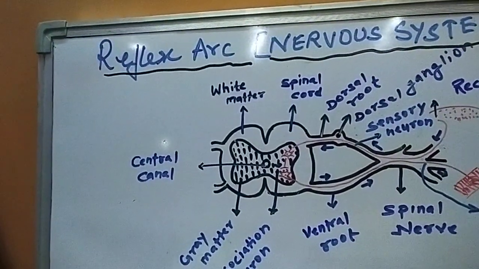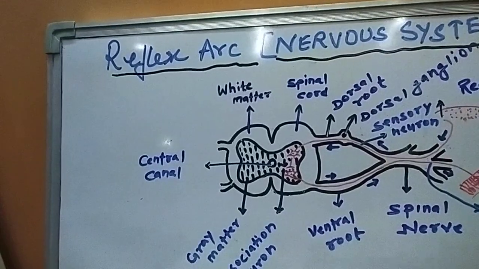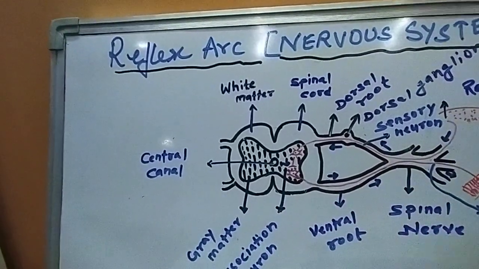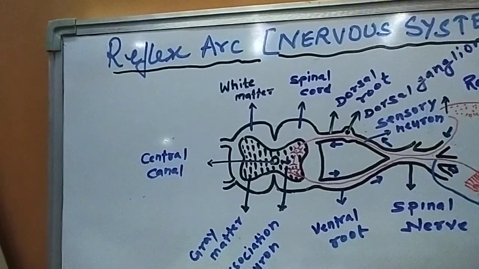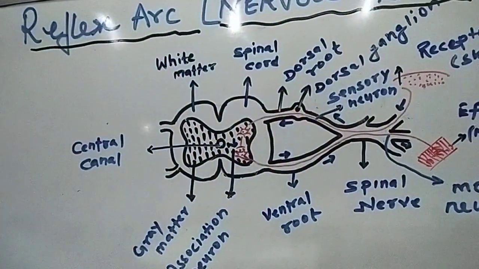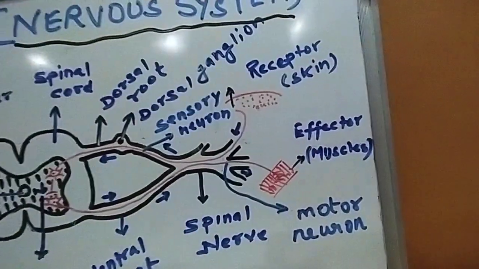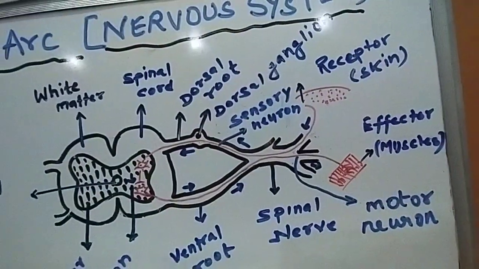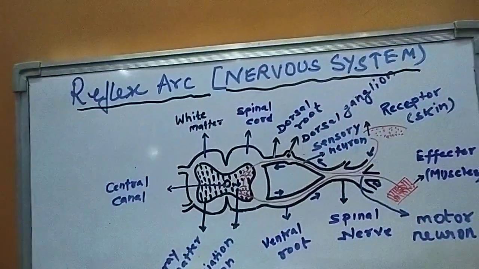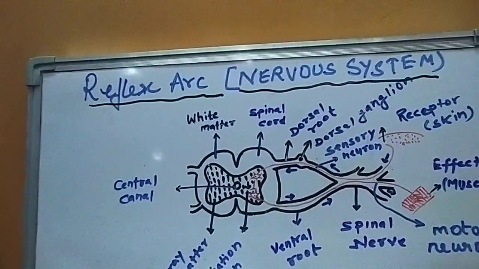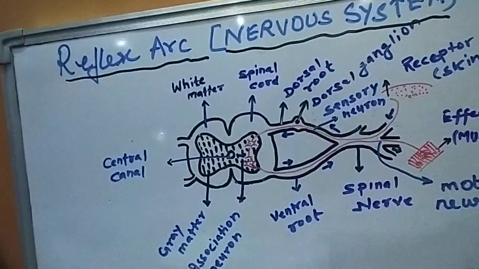There it passes the impulses to the association neuron, which coordinates the impulses, changing them into a response, which is carried via spinal nerve through the motor neuron to the effector. Effector then shows the response. This is the full structure of reflex arc, which is coordinated with the help of the spinal cord.